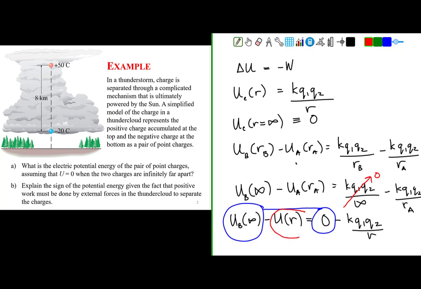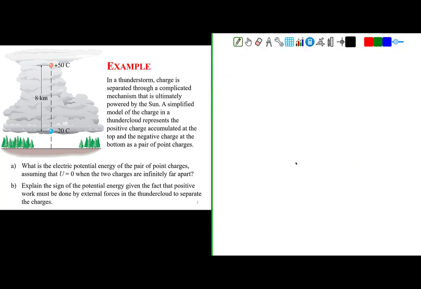which means with that convention, we could hold that the potential energy between a pair of charges separated by a finite distance is equal to this expression right here. It is equal to the Coulomb constant times the product of the charges divided by the distance between the charges. And as a reminder, this once again is saying that we are defining the electric potential energy when they're infinitely far away to be 0.